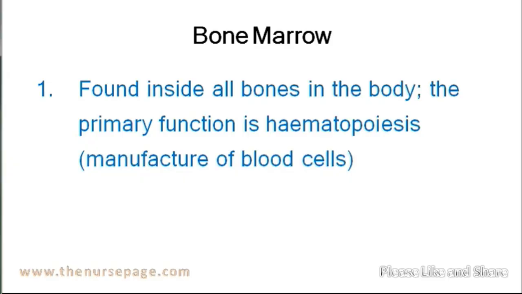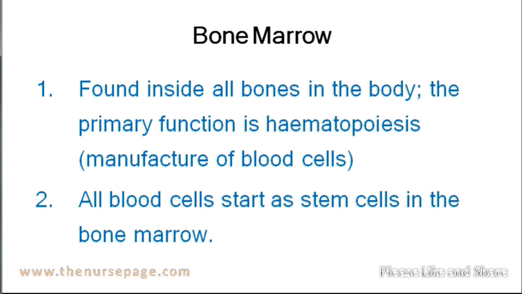First, we can check what is bone marrow. Bone marrow is found inside all bones in the body. The primary function is hematopoiesis, that is, manufacturing of blood cells like RBCs, WBCs and platelets.